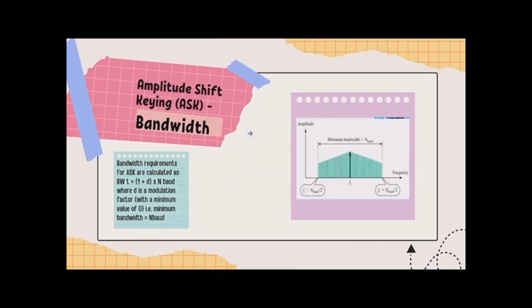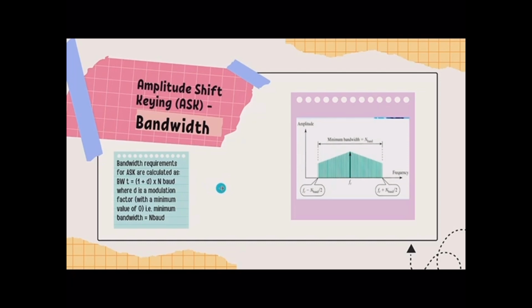ASK bandwidth. The bandwidth required for ASK is calculated as B_T equal to (1 plus d) times N baud, where d is a modulation factor with a minimum value of 0.